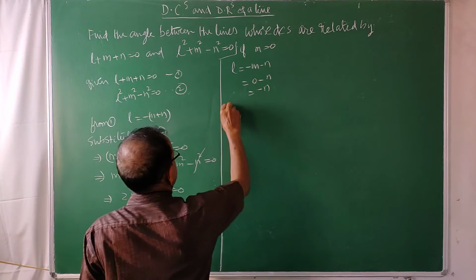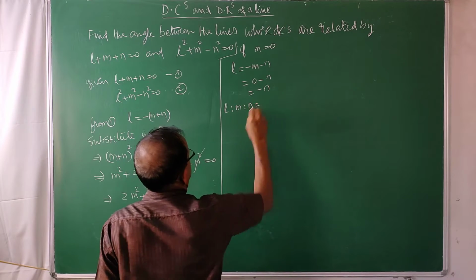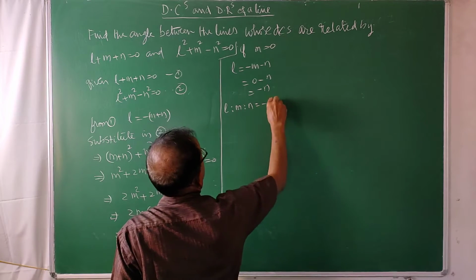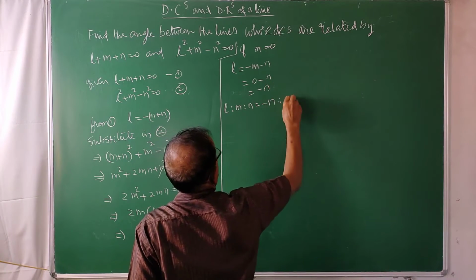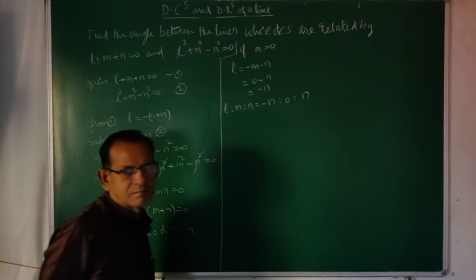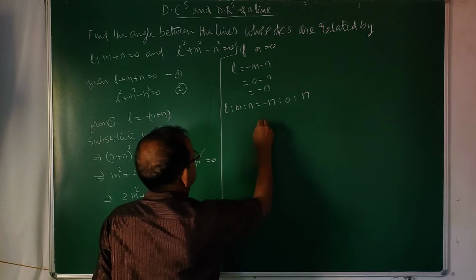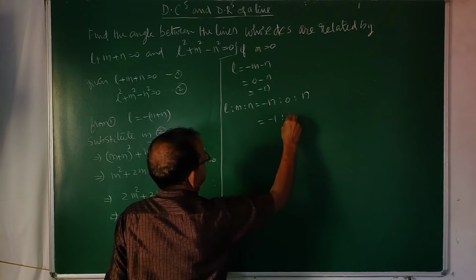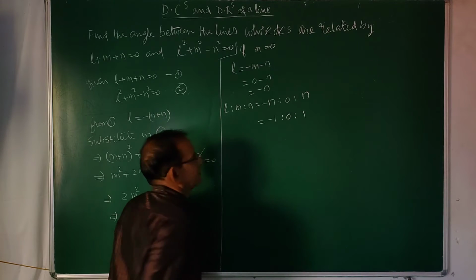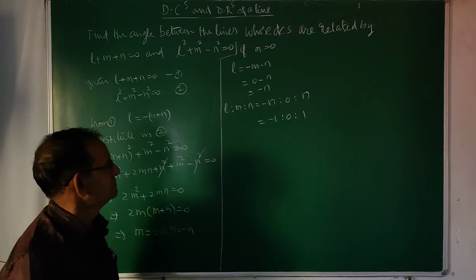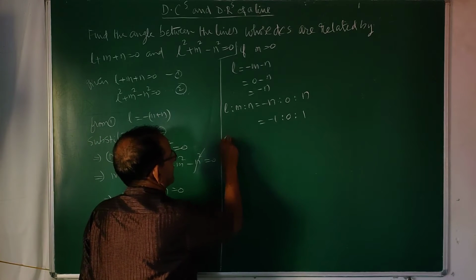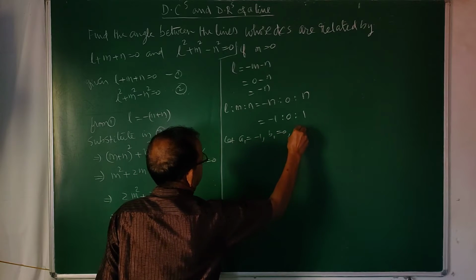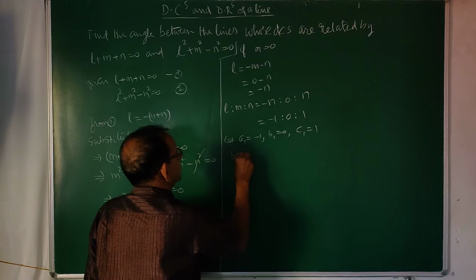Then what is l is to m is to n? l is minus n, m is 0, n. You can cancel n in all the three: minus 1 is to 0 is to 1. So we take a1 is equal to minus 1, b1 is equal to 0, c1 is equal to 1 as the DRs of the first line.